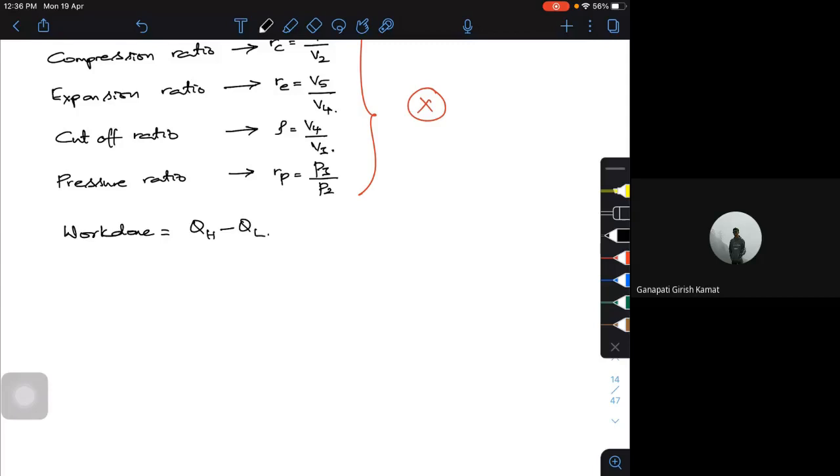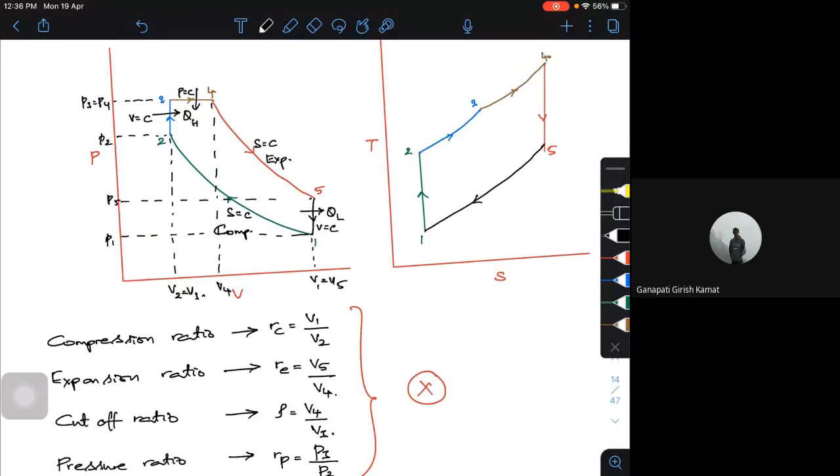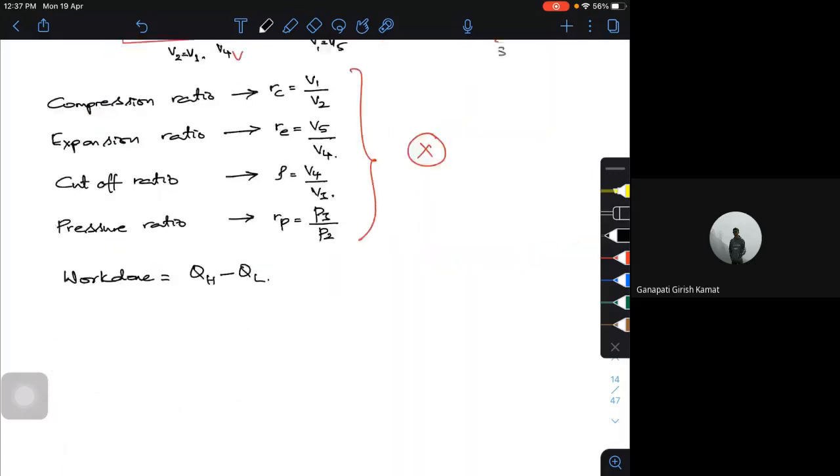Heat supplied happens in two different stages: constant volume between 2 to 3 and constant pressure between 3 to 4. So your QH will be Cv into (T3 minus T2) plus Cp into (T4 minus T3). Then what is your heat rejection? It is a constant volume process, Cv into (T5 minus T1).